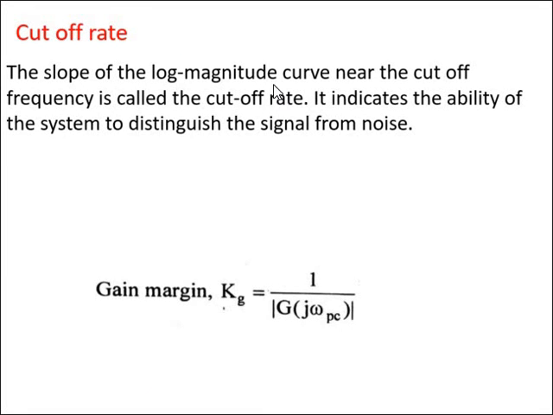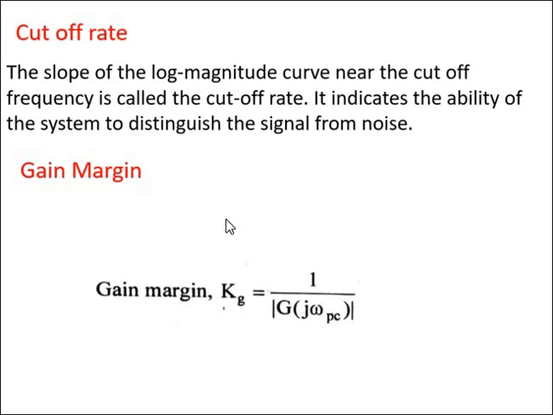The slope of the log magnitude curve near the cutoff frequency is called the cutoff rate. It indicates the ability of the system to distinguish the signal from noise. So this is the meaning of cutoff rate. Calculation of cutoff rate is important in frequency domain specifications.